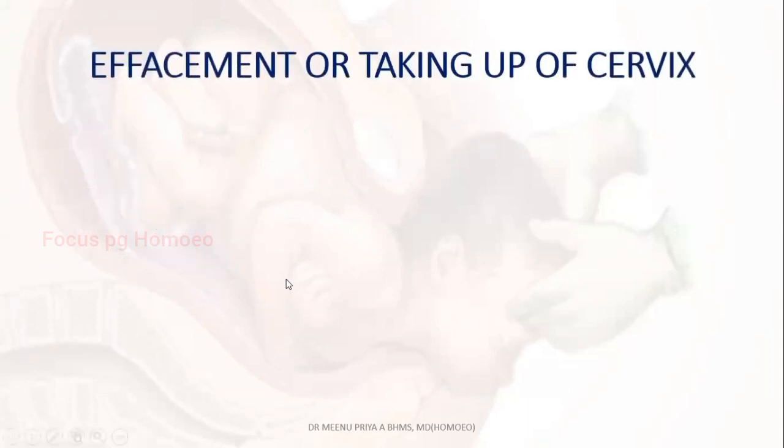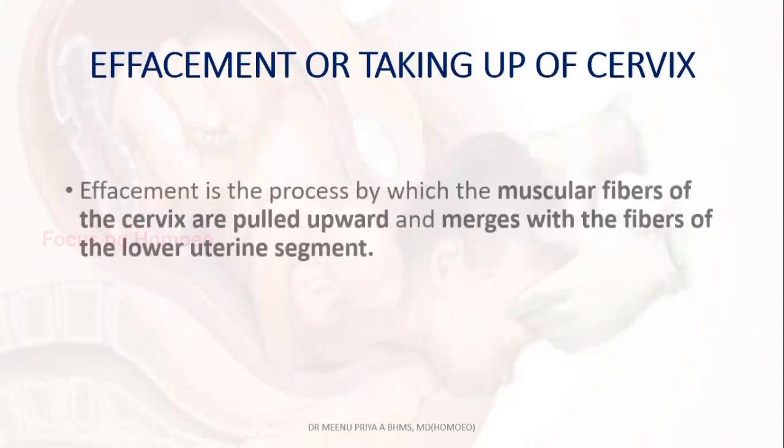Now, effacement or taking up of the cervix. So we saw the 2 important mechanisms: first, dilatation and effacement of the cervix, and second, formation of the lower uterine segment. Dilatation we saw. Now effacement.